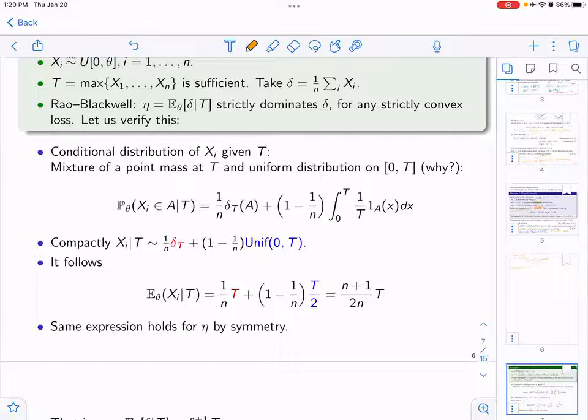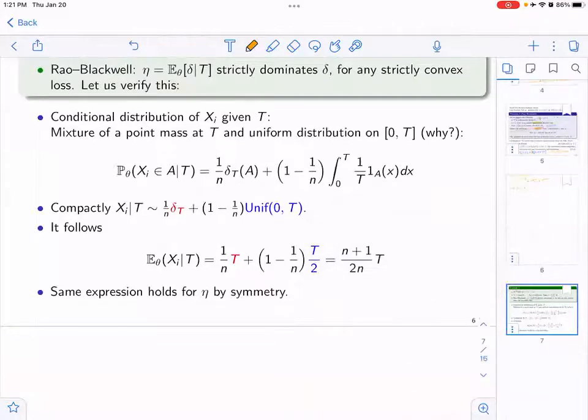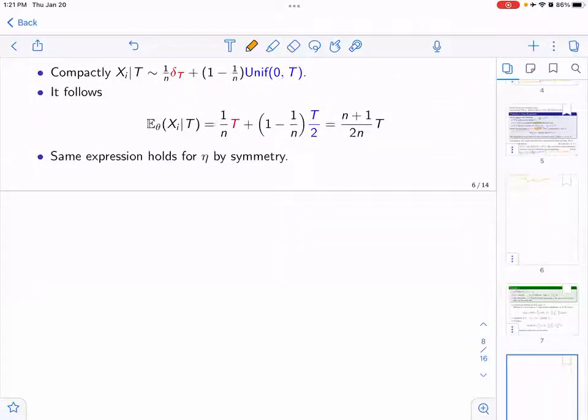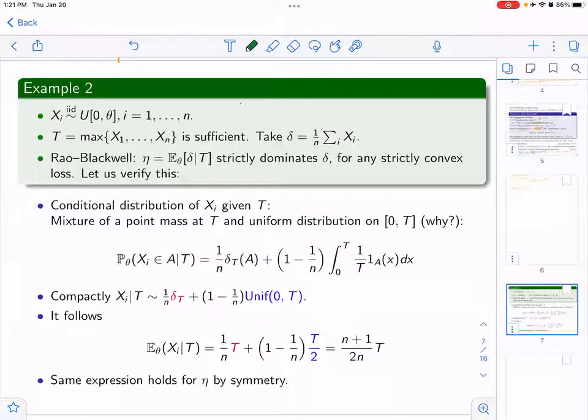In order to do that, I have to be able to compute this conditional expectation, and this is where we run into some measure theoretic issues that you have to deal with for distributions that are not continuous. These are singular distributions. So let me try to give you an idea. Suppose I have this, if I divide Xi by theta, what would I get?